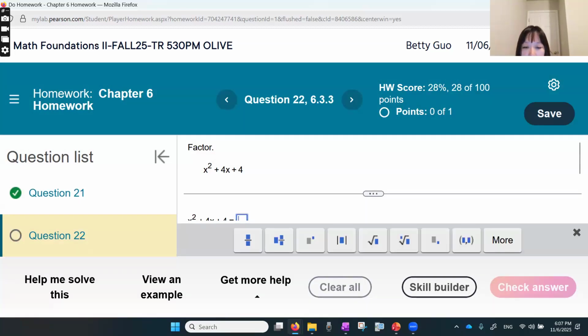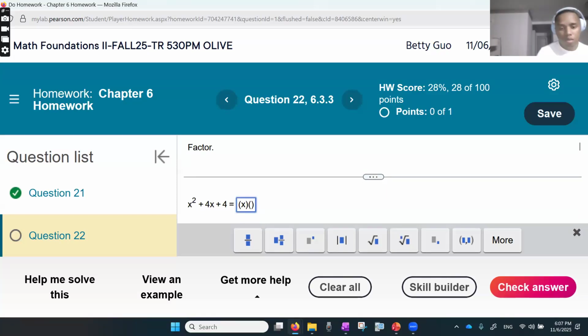Do you need me to repeat the process? Which two numbers multiply to 4 and add up to 4? 2 and 2. Agree? Yes. 2 and 2 multiply to 4, add up to 4. Done.